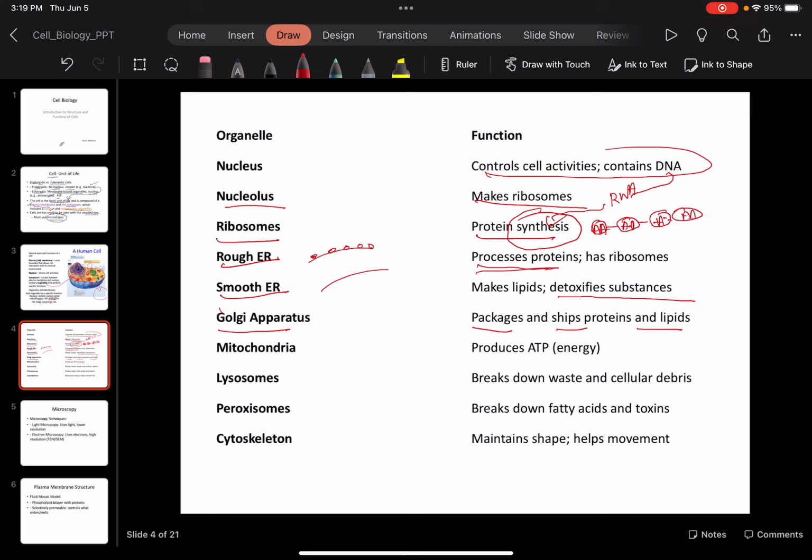Then mitochondria. Mitochondria produce ATP. Then the other one is the lysosomes. This breaks down waste and cellular debris, living things, maybe foreign things, bacteria, or your own cells. Break it down by that lysosome.